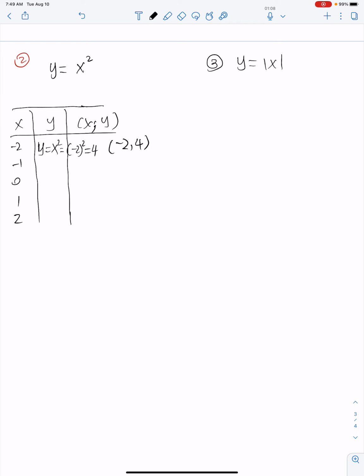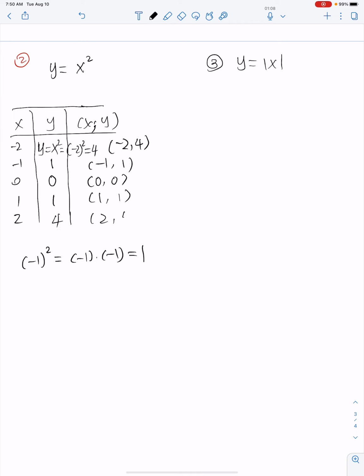What will -1 squared be? Be careful, -1 squared means -1 times -1. The negative sign disappears, so it's 1. So it's -1, 1, 0, 0, 1, 1, 2, 4.